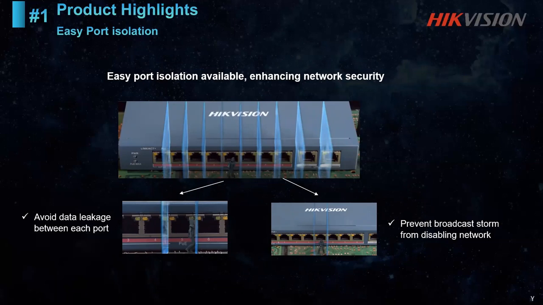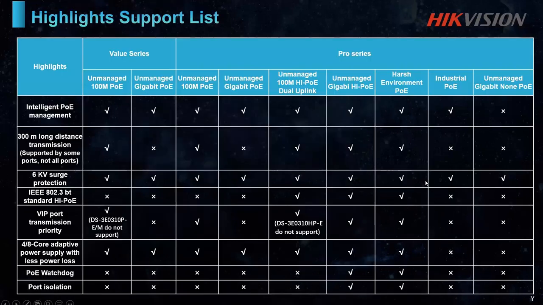But with Hikvision port isolation technology, we are enhancing the security aspect of the network switch, where this data leakage is ensured not to happen with this kind of technology in place. And at the same time, I have to remind you it can prevent broadcast storms from disabling the network, which we have seen in typical cybersecurity threats. So these switches are future-proof, built to handle these kinds of situations.